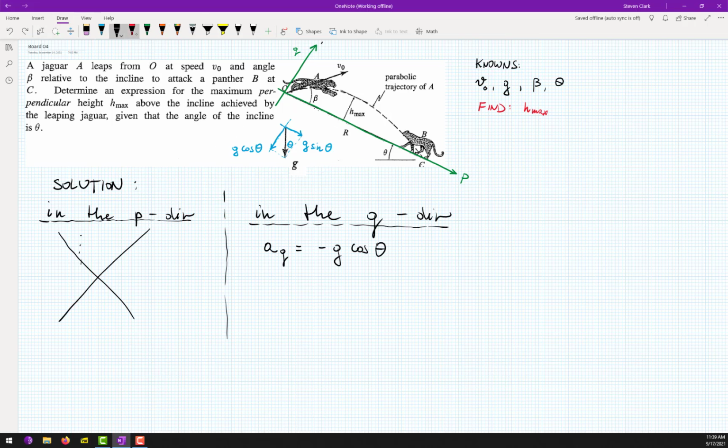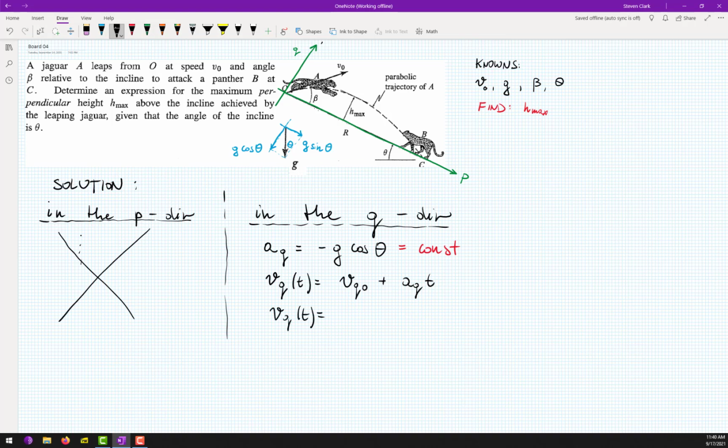Again, a very important thing is that this is constant, so we don't have to integrate. If you want, you can, but we can also remember our expressions. VQ is equal to VQ0 plus AQ t. Let's fill it out.